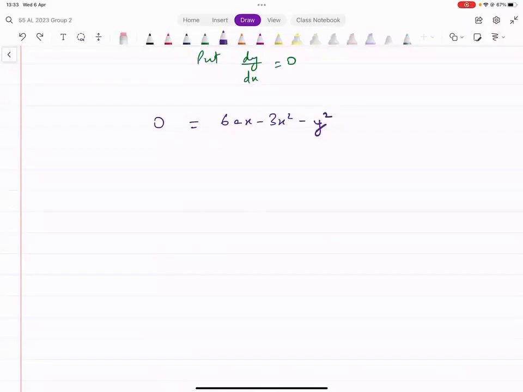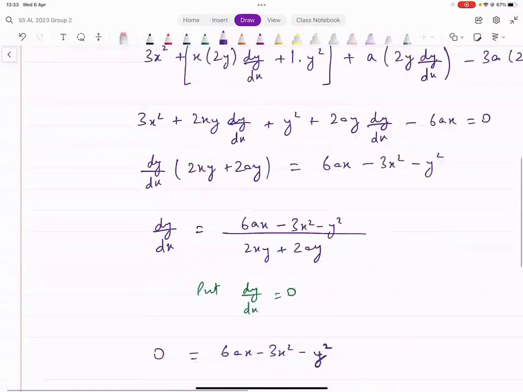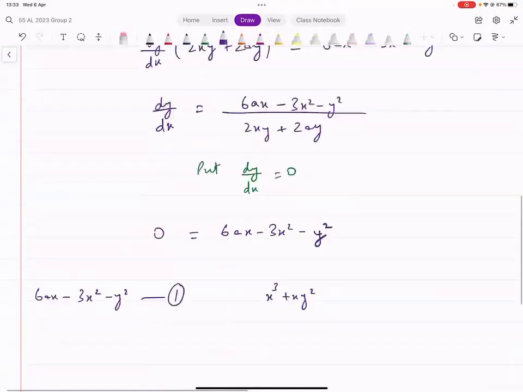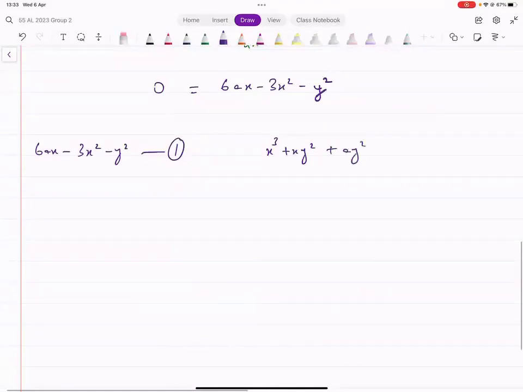So we have 6ax minus 3x square minus y square. This is equation 1. The other is that equation of the curve x cubed plus xy square plus ay square minus 3ax square. That equals 0.